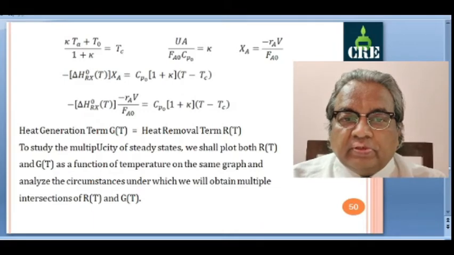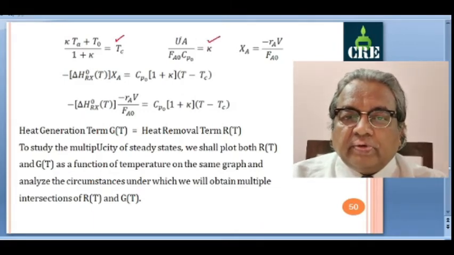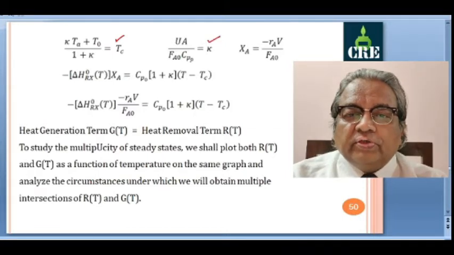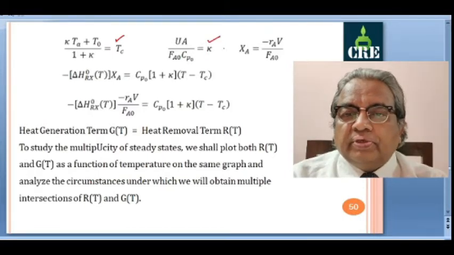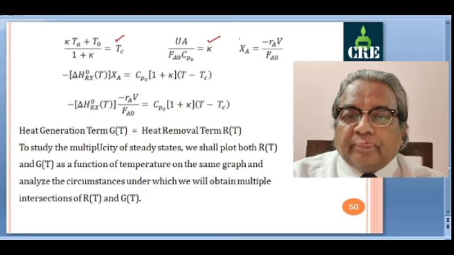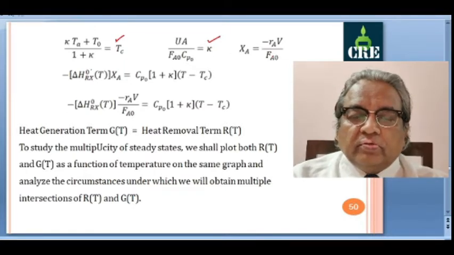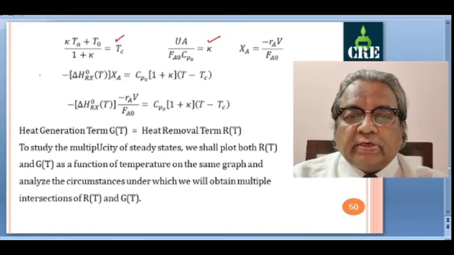Now you are familiar with this expression for Tc. We have taken kappa as UA by Fa0 Cp0, and Tc is kappa Ta plus T0 over 1 plus kappa, where kappa is equal to UA by Fa0 Cp0. Xa is equal to minus Ra into V by Fa0. This is the well known design equation for CSTR.